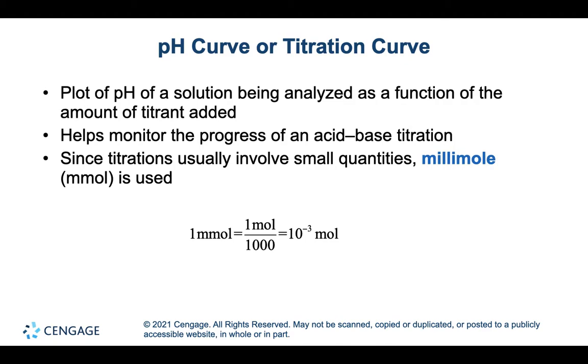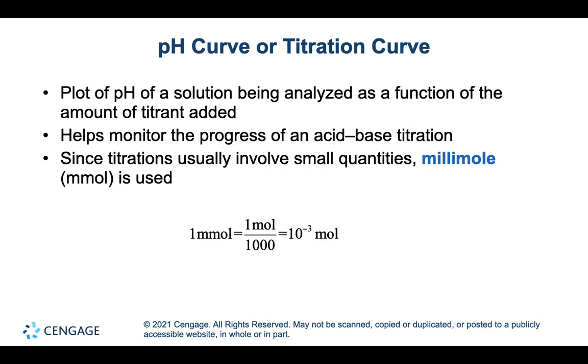A pH curve can be used to analyze and help us understand what's happening as acid is added to base or base is added to acid. Sometimes on pH curves, instead of using moles, they may use millimoles. A millimole is simply a thousandth of a mole, just like a milliliter is a thousandth of a liter. So for instance, if 1 liter contains 1 mole, you have a 1 molar solution.